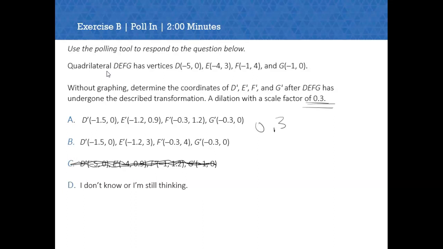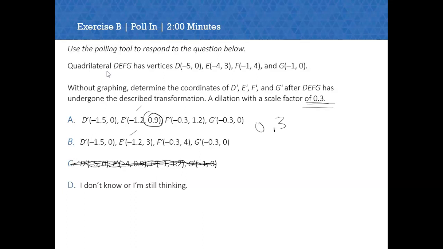So let's check here. 3 times 0.3, I always tell people, you can use your calculator, it's fine. 3 times 0.3 is 0.9. This one says 3.